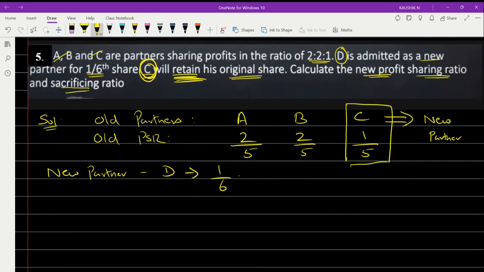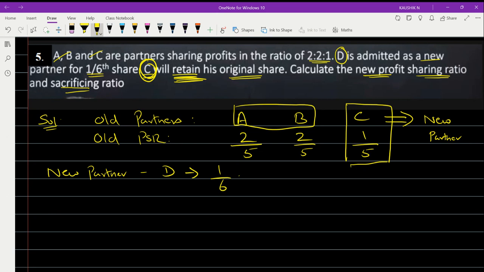Because if C is also along with A and B, then you can take base as 5. But now it is going to be between A and B only. So A and B, if you take into account, it is 2 is to 2. That means 2 by 4, which is nothing but 1 by 2. Am I clear with the concept?